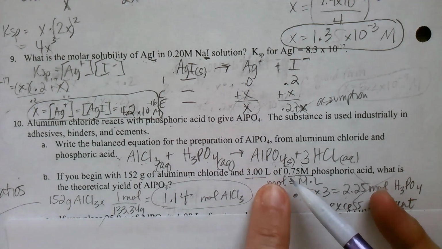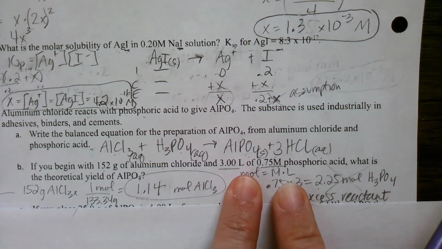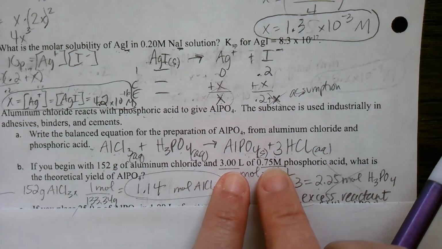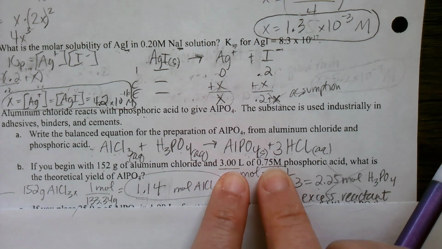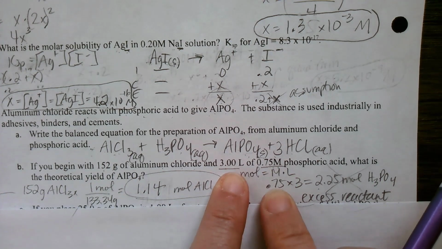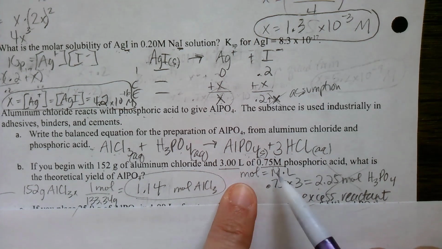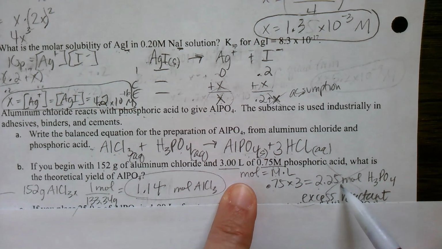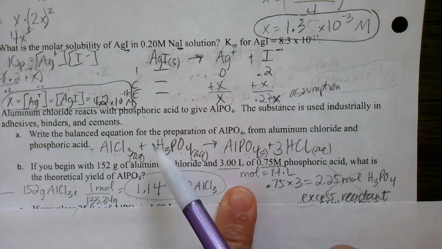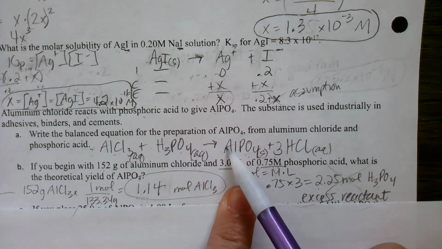There we go. Now let's look at our phosphoric acid. We're given volume and concentration of phosphoric acid, so I can find how many moles of phosphoric acid I have, right? Because moles is concentration times volume. So I have 2.25 moles of H3PO4. Again, it's a 1-to-1 ratio.